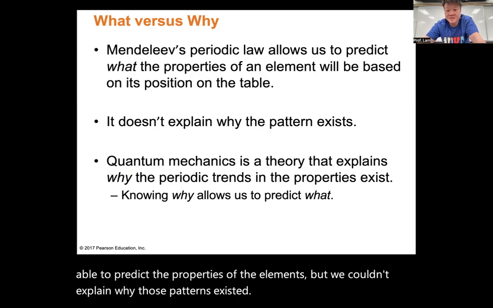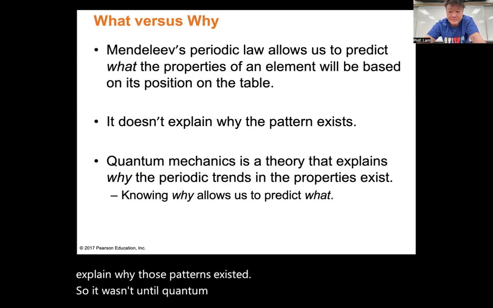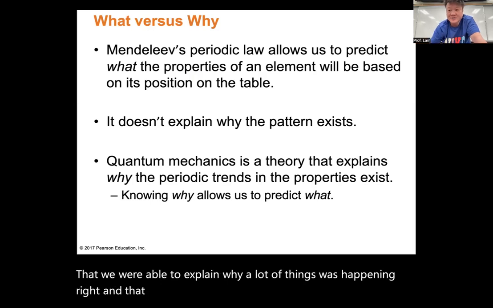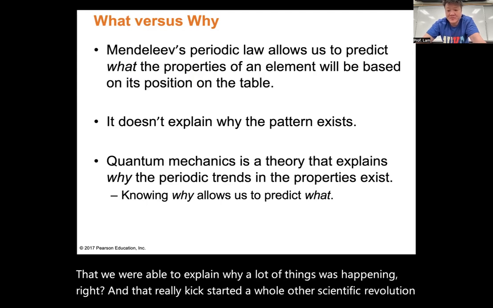It wasn't until quantum mechanics that we were able to explain why a lot of things were happening, right? That really kickstarted a whole other scientific revolution that didn't exist before.